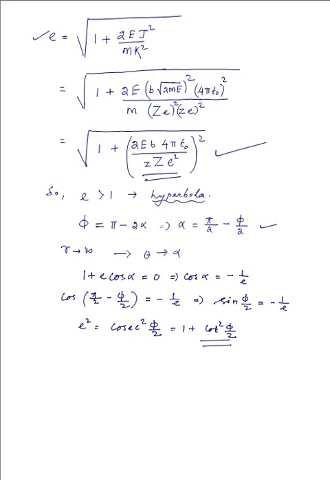So we have cot squared phi over 2, or cot phi over 2, because the square terms are also going to get reduced.